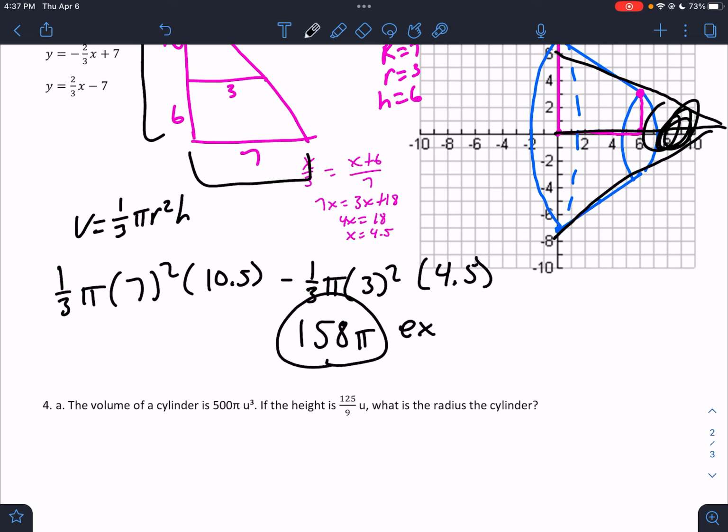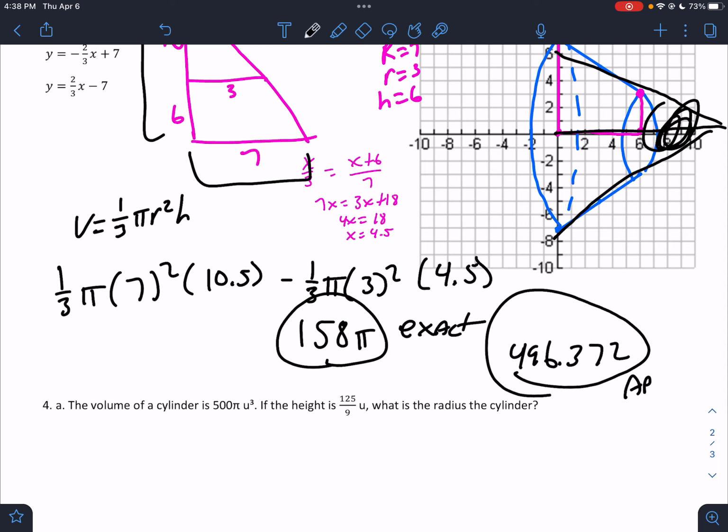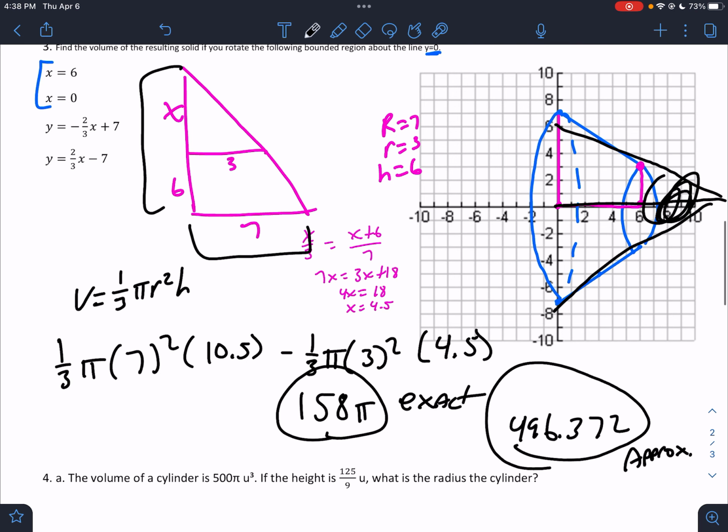That's the exact answer. If I round it times pi, that would be 496.372. And that is the approximate answer. Perfect.